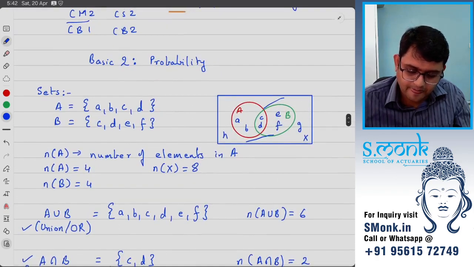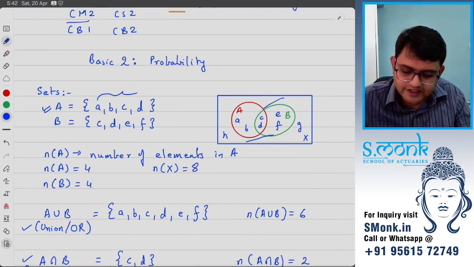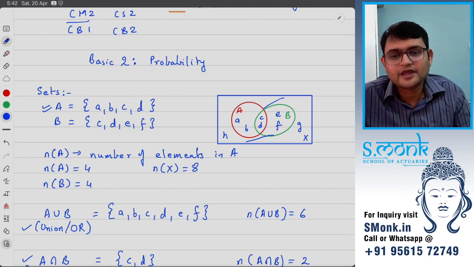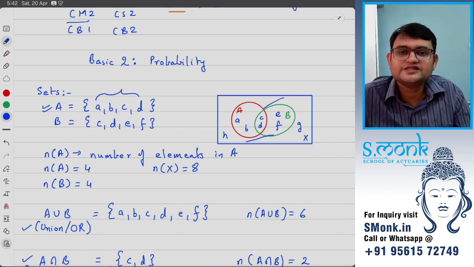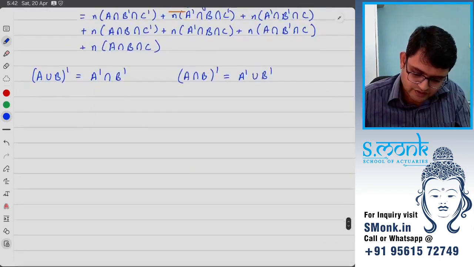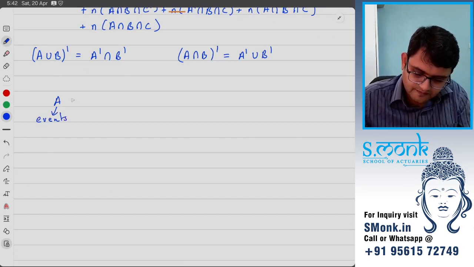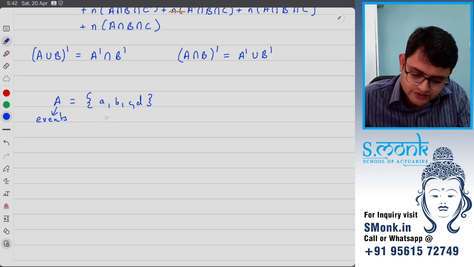When I said I have a set A that contains certain elements, now when it comes to probability, we are going to say we have an event A that has certain outcomes. So A, B, C and D are nothing but outcomes. Here A will now become events, and these will become outcomes.